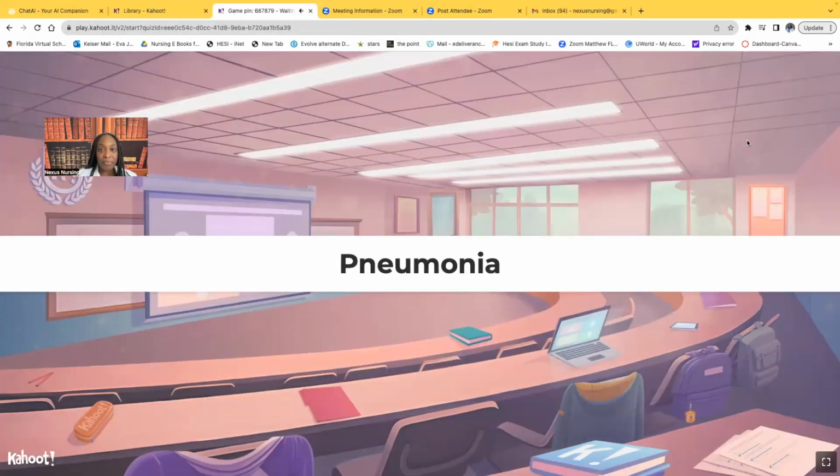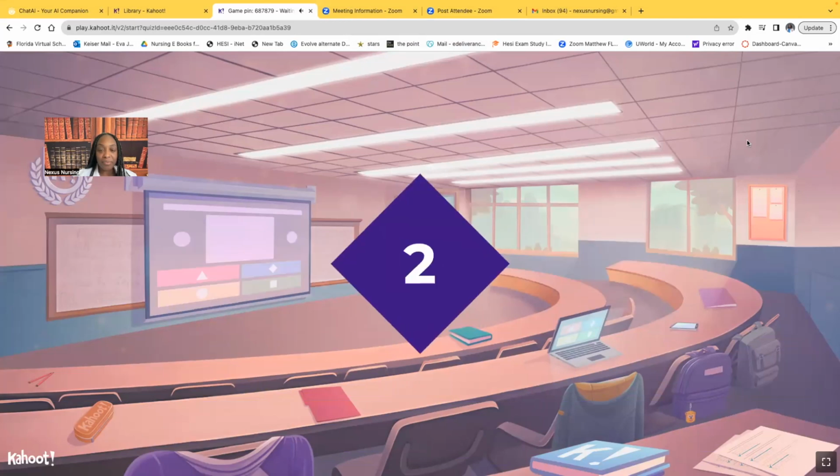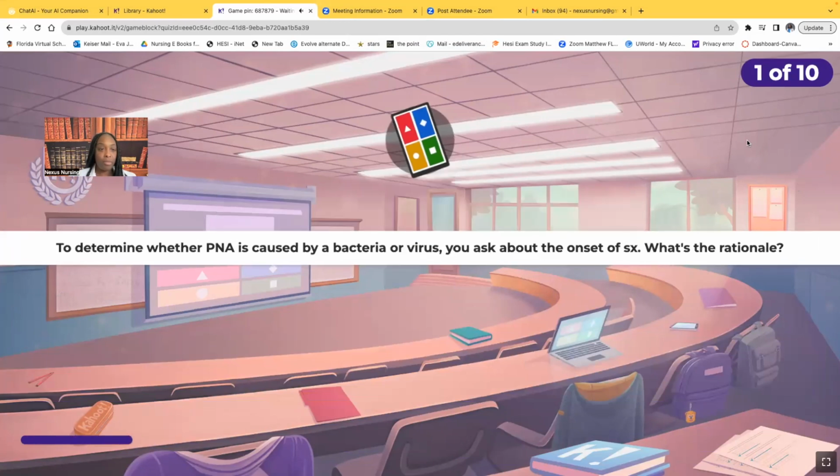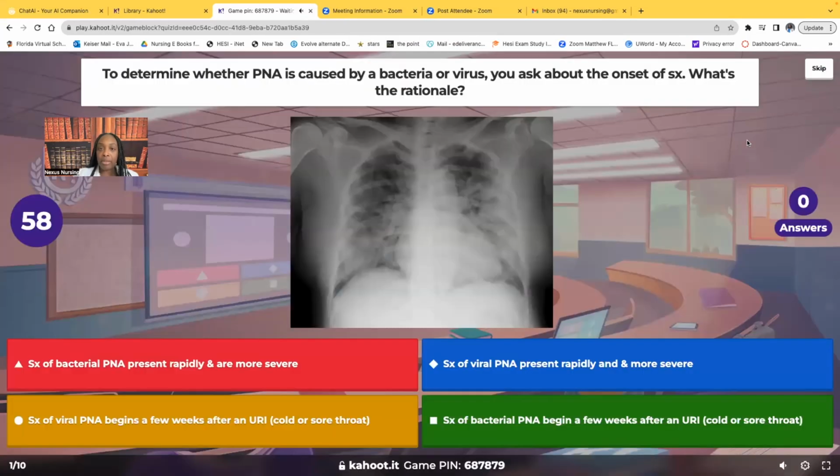Pneumonia. To determine whether pneumonia is caused by a bacteria or virus, you ask about the onset of symptoms. What's the rationale for this? Is it that symptoms of bacterial pneumonia present rapidly and they're more severe?